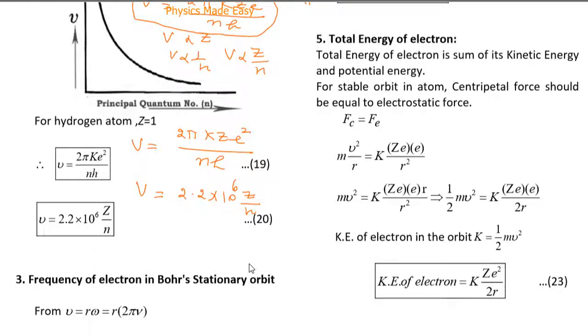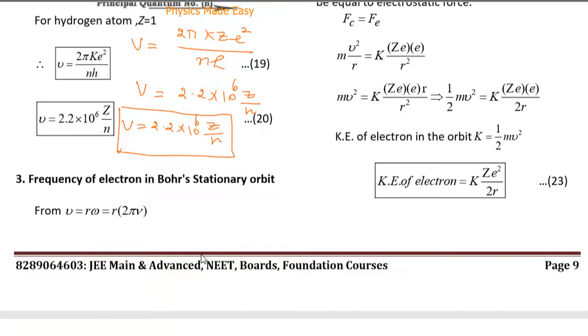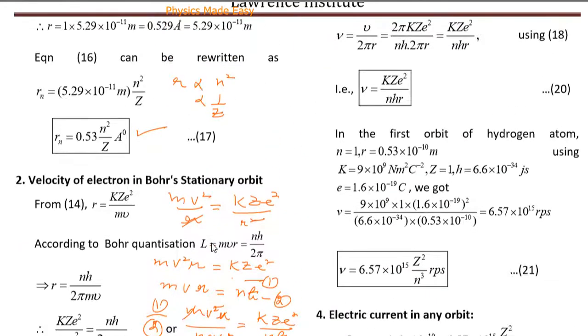So v is 2.2 into 10 raised to power 6 Z by n. This was the value. Now the next important article is frequency. This is the shortcut for velocity, and this is the shortcut for radius, calculation of radii.